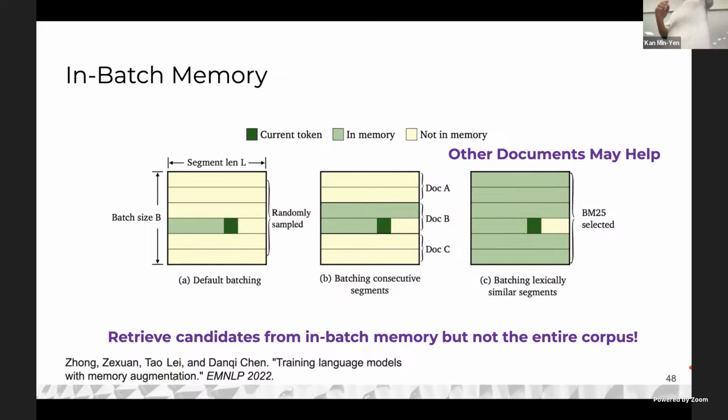The first stage uses a simple BM25 to get all the possible candidates inside the batch, and then during training they use some precise supervision objectives to tune the search over the local batch candidates.